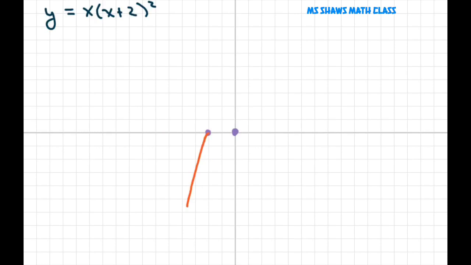I have to just touch it and come back because this is an even degree. So if you have an even degree on that zero here, it's not going to cross. It just touches. And we're not doing the min and max here. We're just sketching it, so let's not worry about your minimum and maximum, and just go off to quadrant 1.